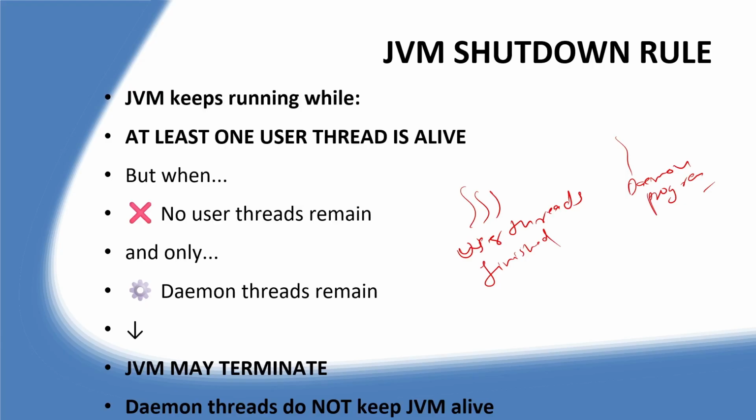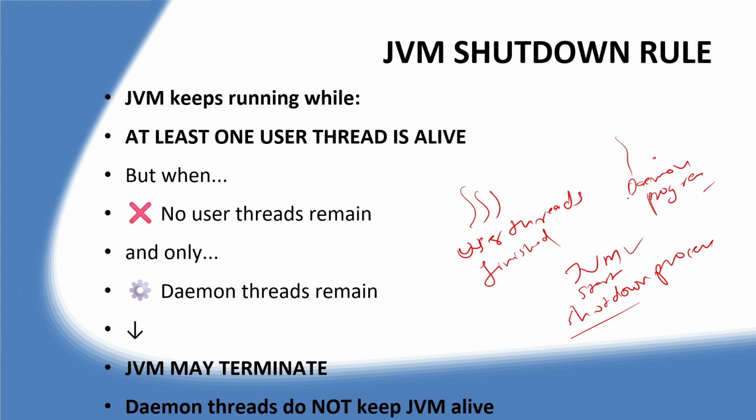In such a case, the JVM starts the shutdown process. It does not wait for daemon threads to finish their work. This means a daemon thread may stop abruptly when the JVM terminates. Once the JVM terminates, the daemon thread stops immediately.